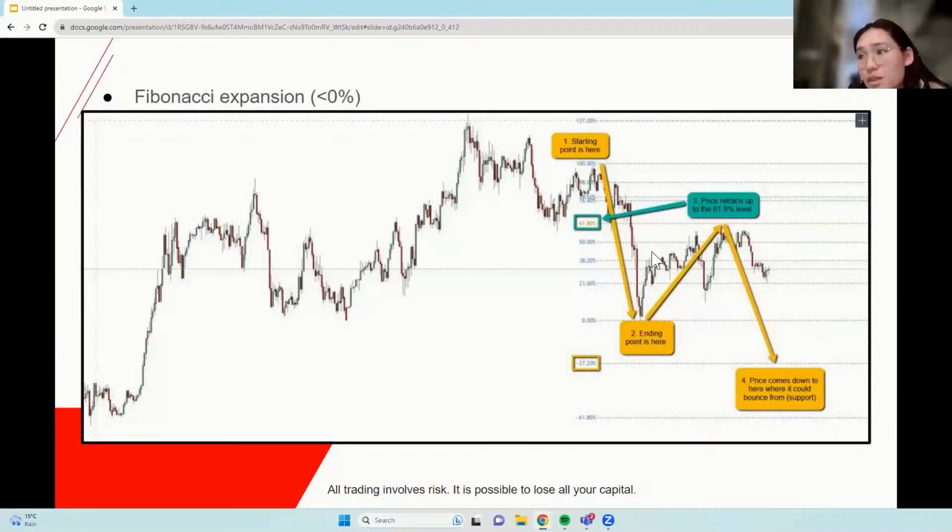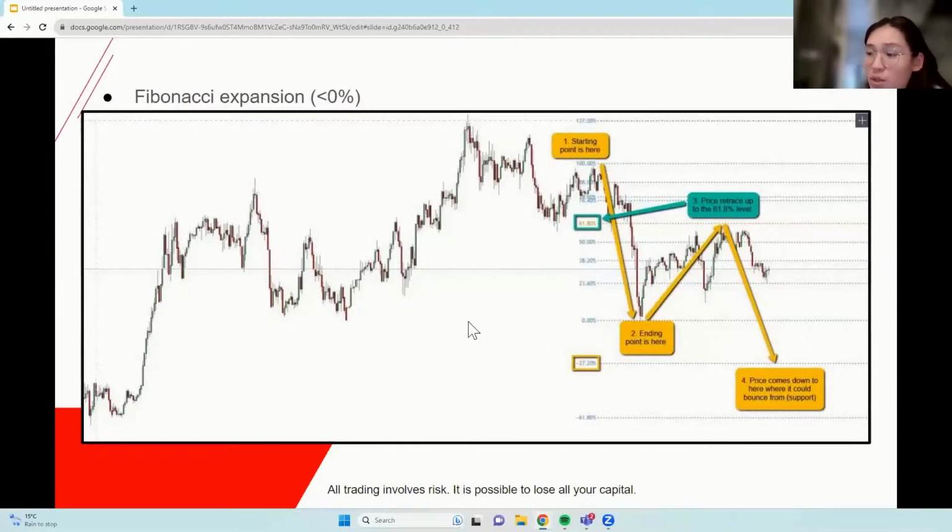So in this example, price has retraced up to the 61.8% level. That's how I know it's more than 50%, definitely more than 50%. So I can use it to forecast where price is going to come down to. At my last arrow, I'm expecting price to come down to this negative 27.2% level, and I'm expecting price to bounce off from this level.